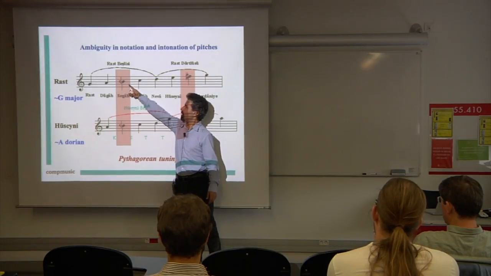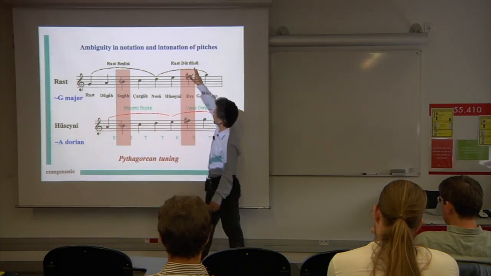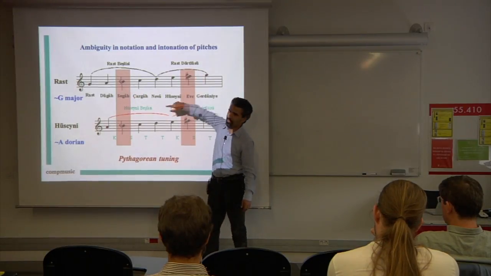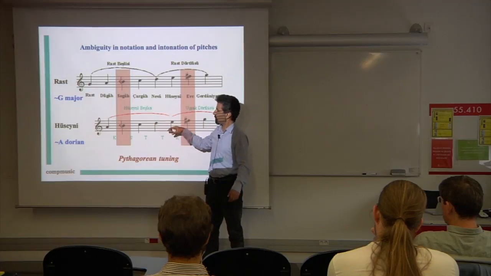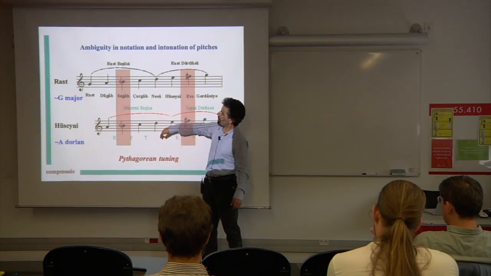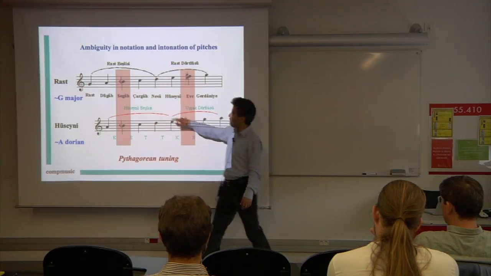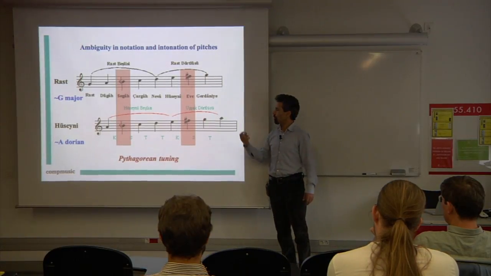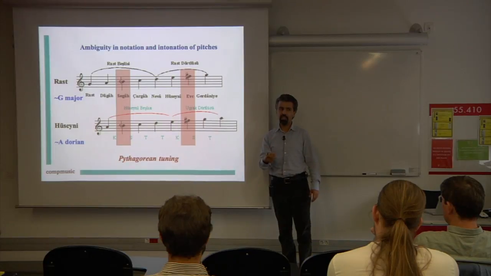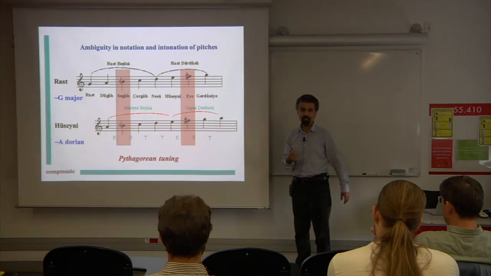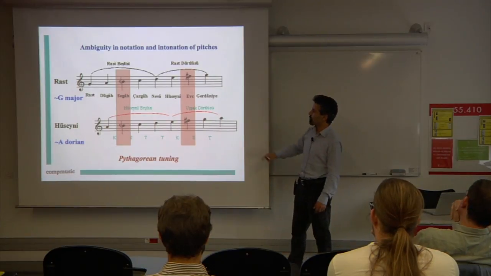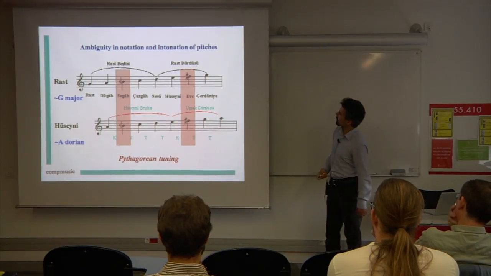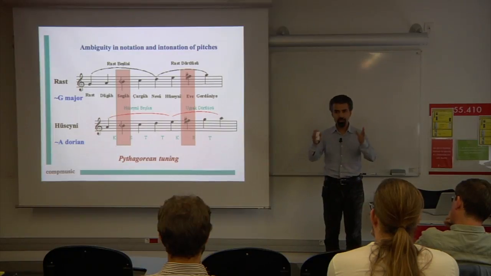I mean, the B flat and F sharps would have different pitches depending on the context being Hüseyni makam or Rast makam. So the musician needs to have an understanding of the context to be able to interpret with correct intonation what's being put on notation. So I would say there is an ambiguity in notation when you first look at it.